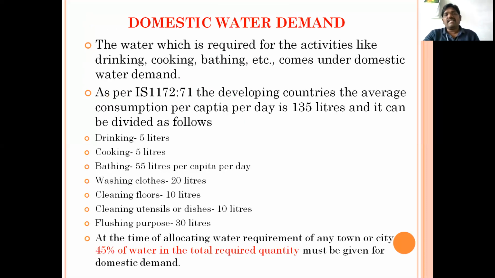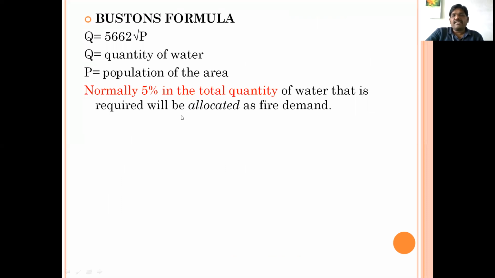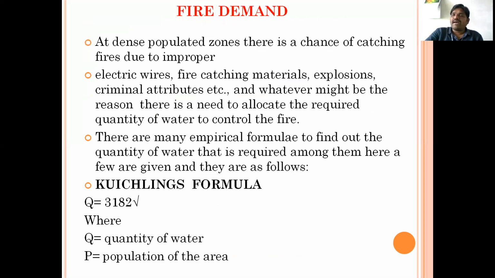In the previous instance, we saw that 45% of the total water will be allocated to meet domestic needs, whereas here 5% of the total quantity will be allocated to control the fire.